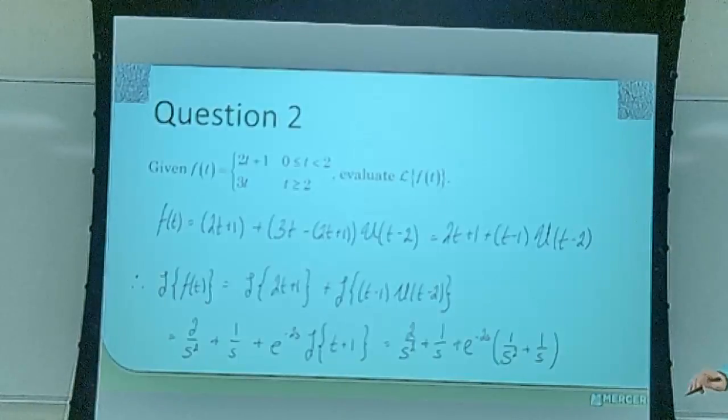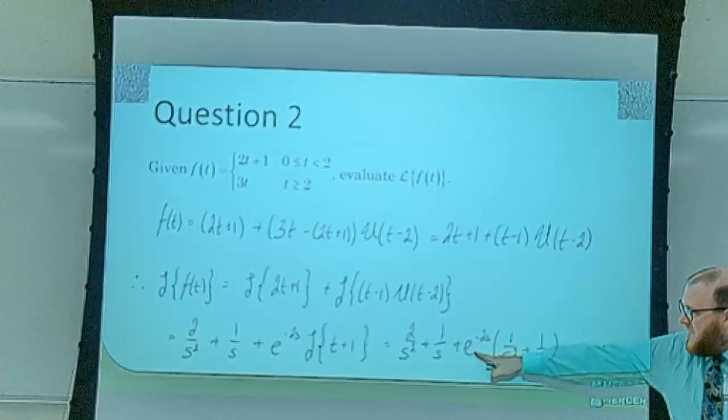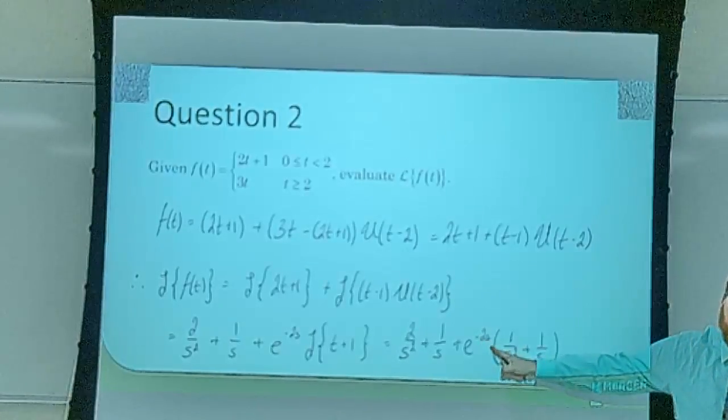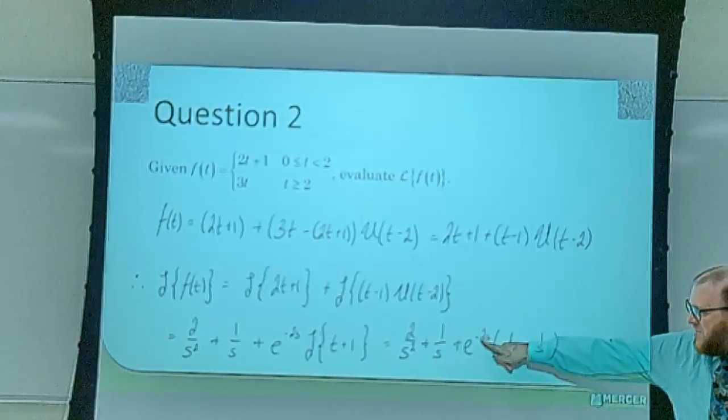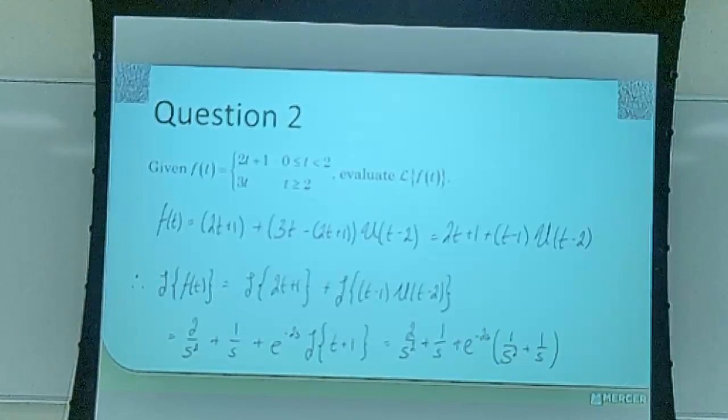Right, and that's important because that changes what your e is. Because it's e to the negative s tau. So if tau is negative 1, this would just be positive s. So if tau were 1, t plus 1. Well, then tau would be negative 1 in that case.